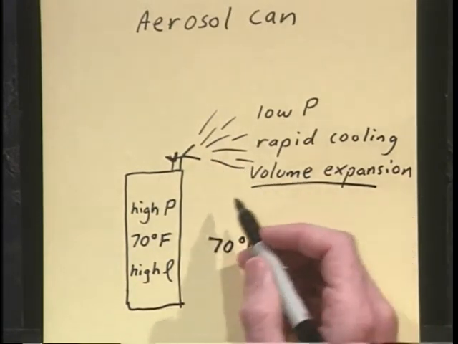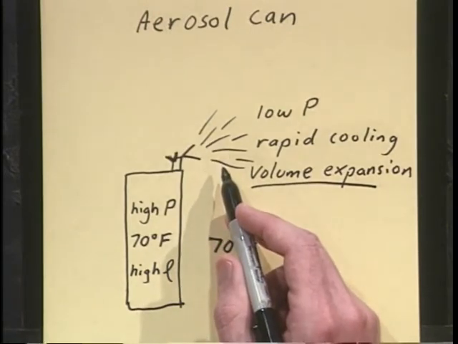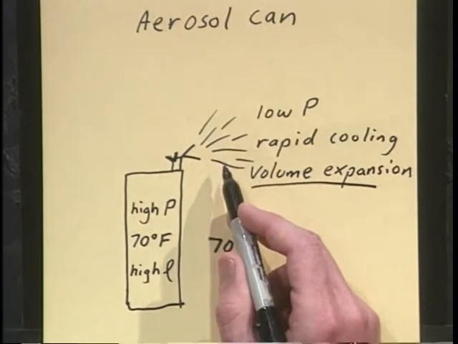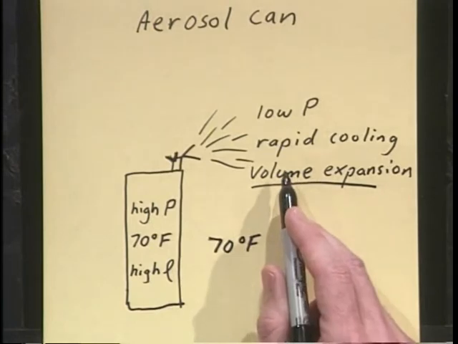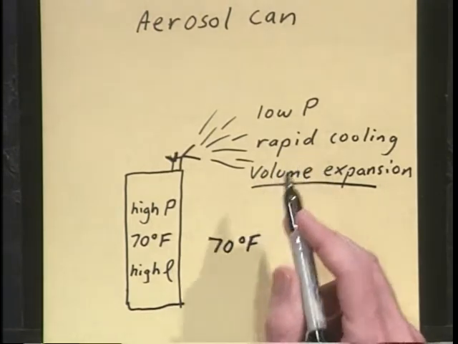So if you put on, for example, spray-on deodorant, you'll notice that it feels really, really cold right when you're first spraying it. And that's because of this volume expansion, and when air expands rapidly, it's going to cool.